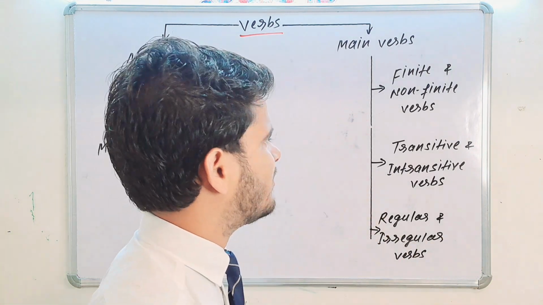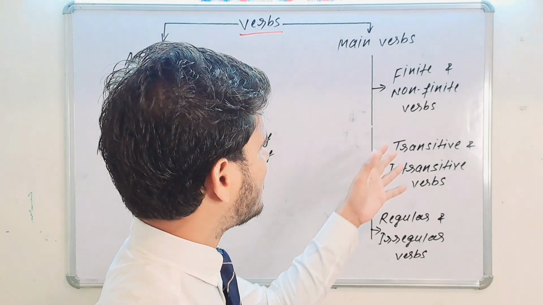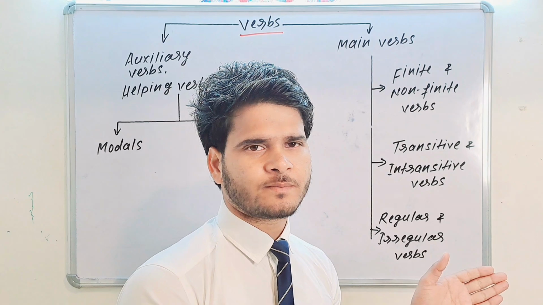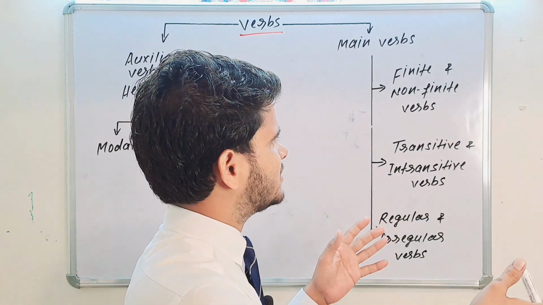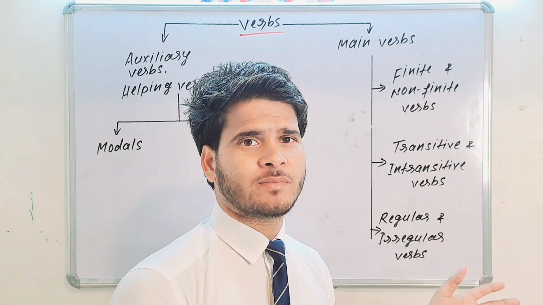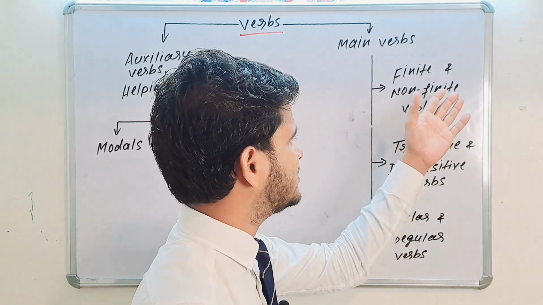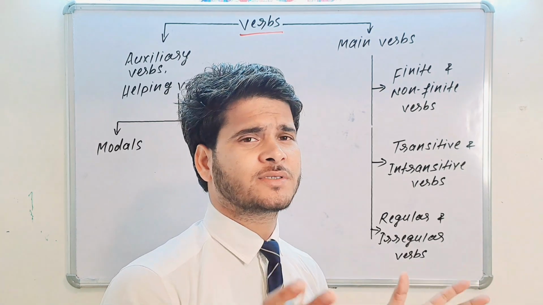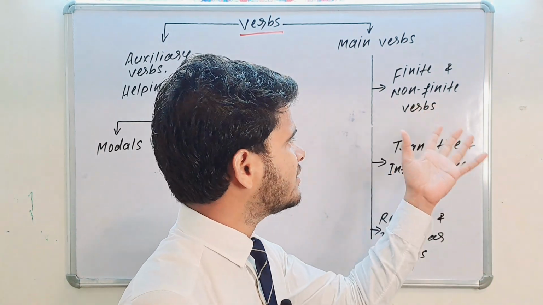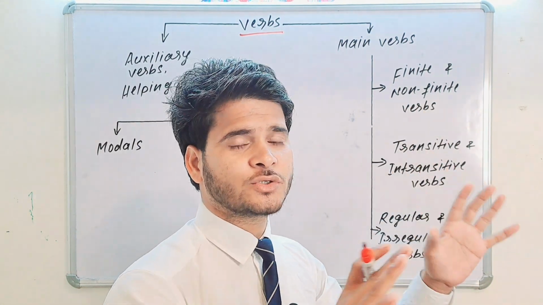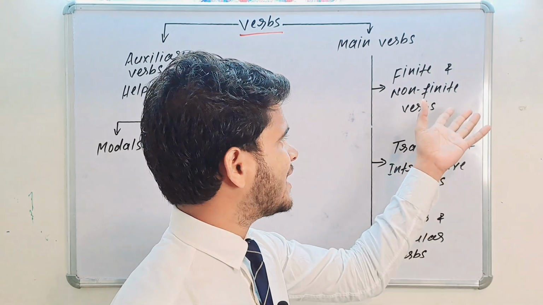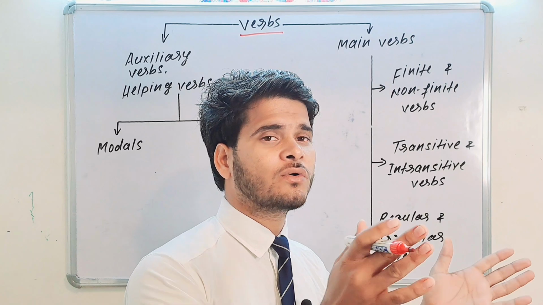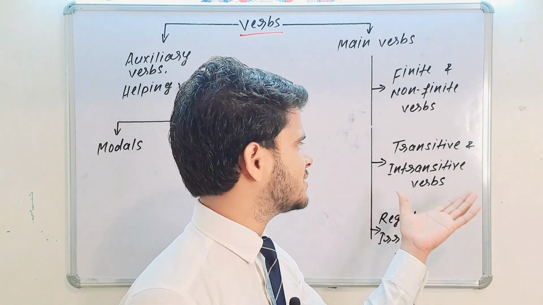These are the types of main verbs, and I told you everything about them. Finite verbs follow time and tense and are limited by the number, person, and gender of the subject. Non-finite verbs are not limited by number, person, and gender of the subject and do not follow time and tense. Transitive always takes a direct object to make sense.